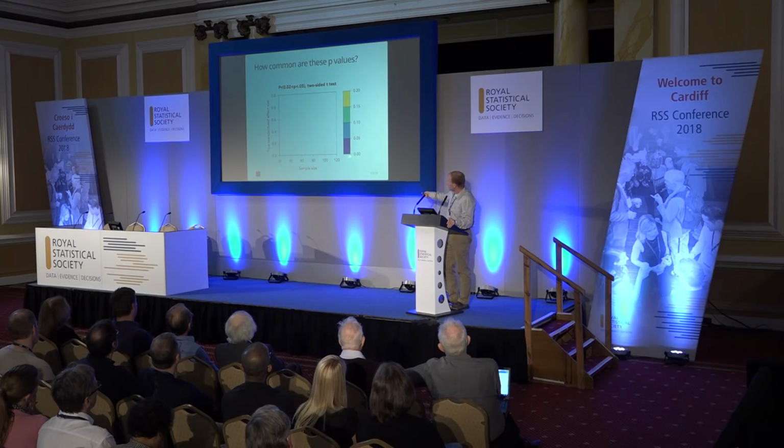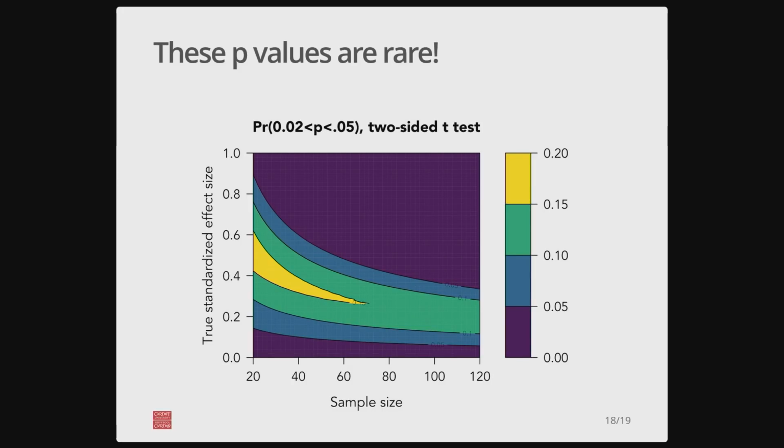And you notice that this goes from 0 to 0.2. So even this range maxes out at only 20% of total p-values. And this is, for these sample sizes and effect sizes, what it looks like. These are the proportions of p-values that you would find. It's actually quite difficult.